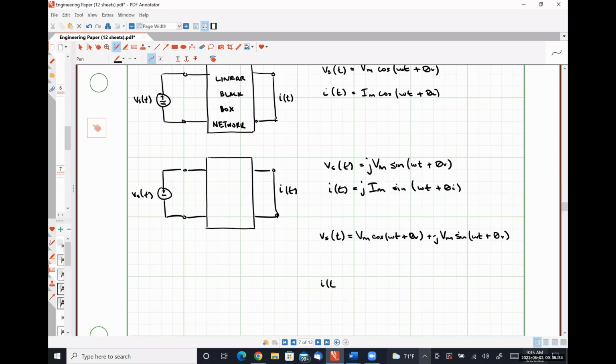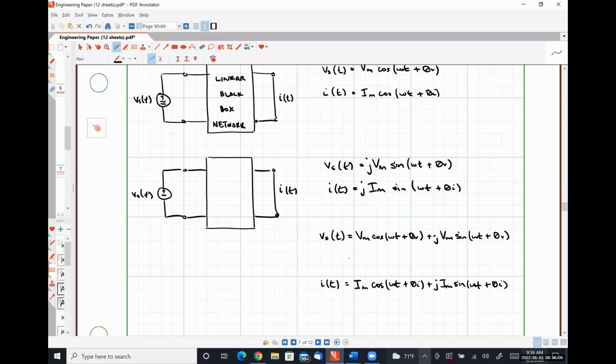Our output, just using the additivity property of linearity, should be Im cosine omega t plus theta I plus j Im sine omega t plus theta I. Right? So we're just adding our 2 different input signals together and then adding our 2 responses together because this is a linear network by definition.